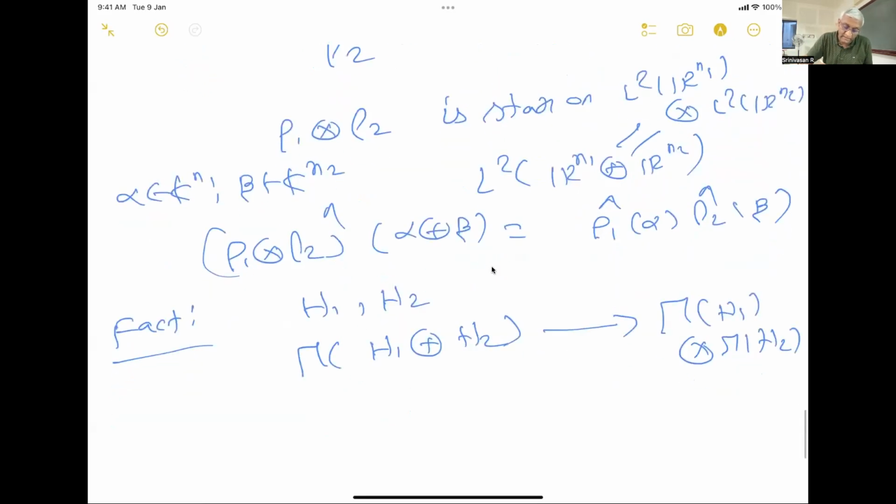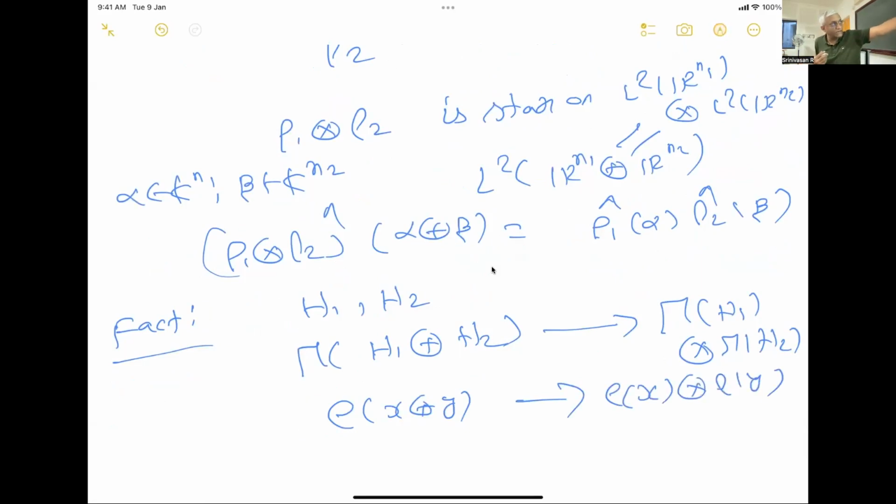The map is: you take E of X direct sum Y to E of X tensor E of Y. So E of X direct sum Y is total in gamma of H1 direct sum H2. That is clear because that gives all the elements.